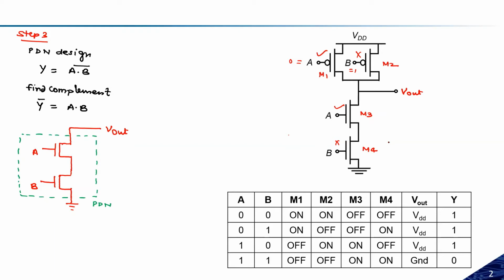It is in the off state, so there is no direct path between ground and VDD. But even though only one transistor, M1, is activated in the pull-up network, we get a path to charge the load capacitance connected at the V output, and that is why the output is equal to VDD.